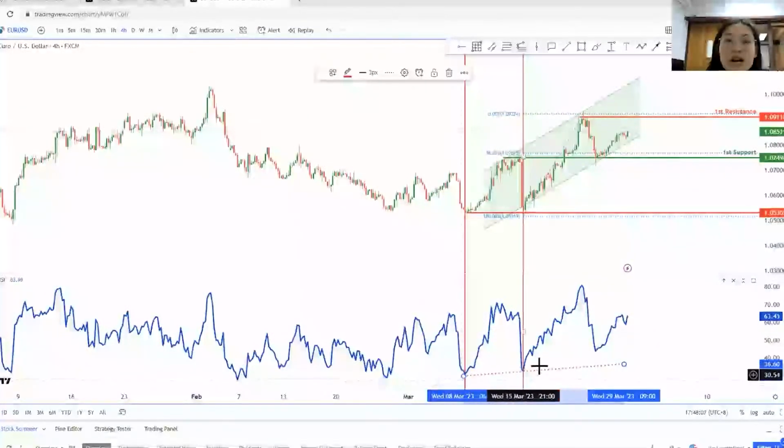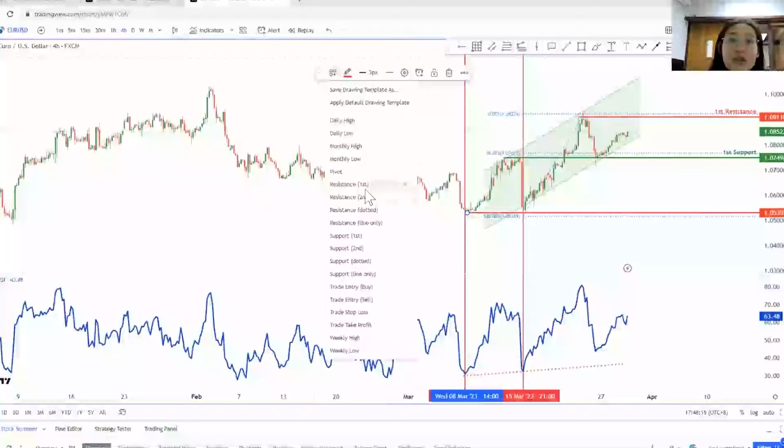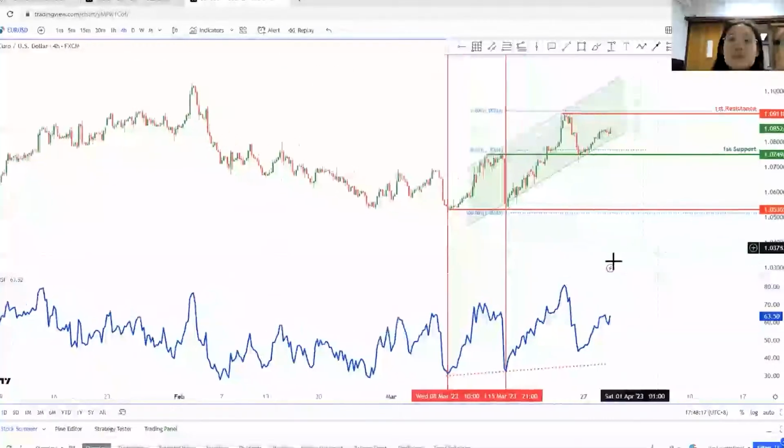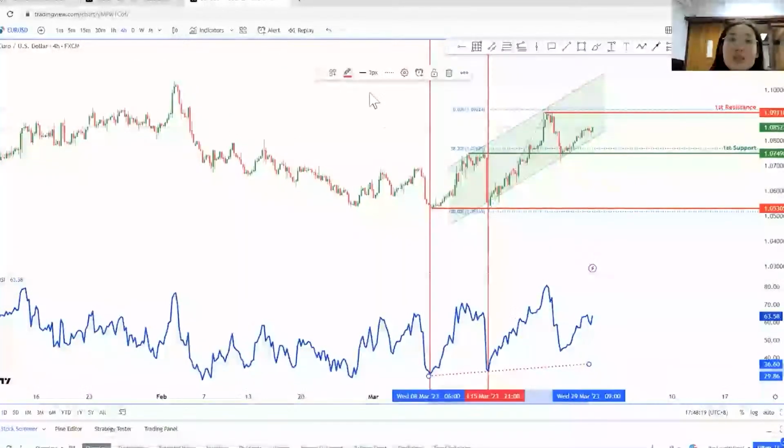So price is making a higher low on our RSI, whereas on our price chart, it is staying in a support level, horizontal support level. So this is, let me color it green because it's a bullish divergence. So we're expecting price to move upwards, which you can see that it did.